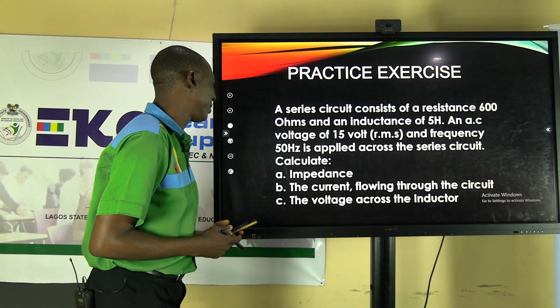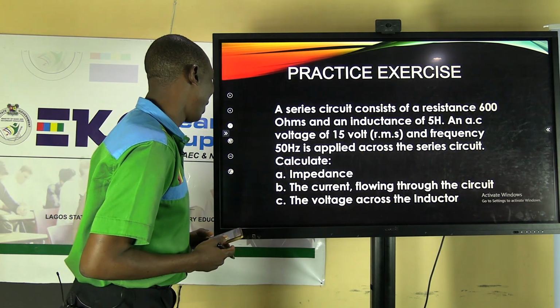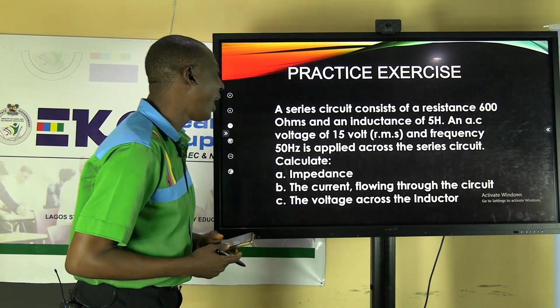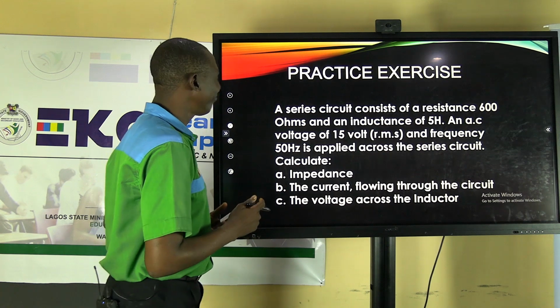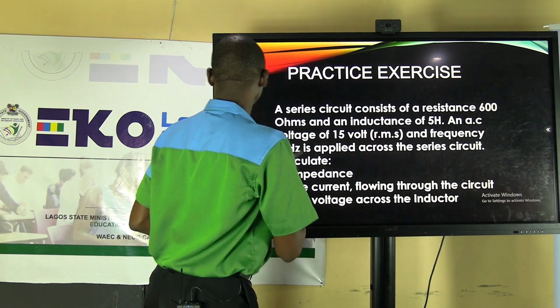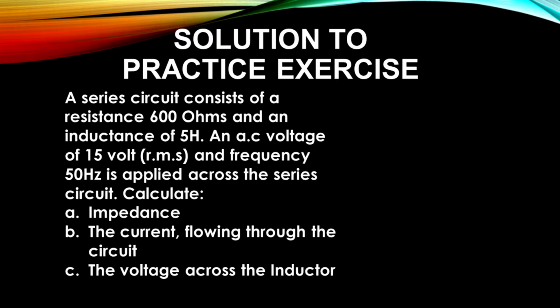Calculate A, the impedance, B, the current flowing through the circuit, and C, the voltage across the inductor. What do we need to do? Now look at it. We have the resistor and we also have an inductor.